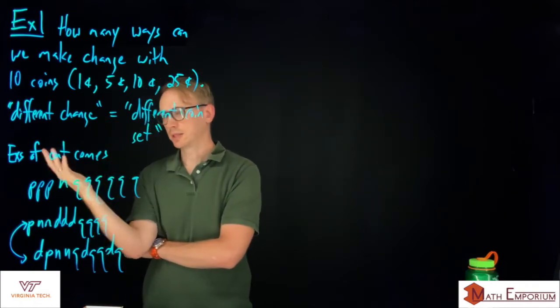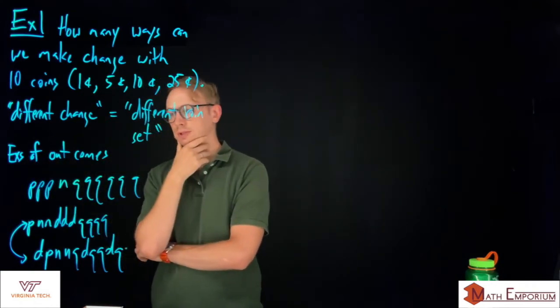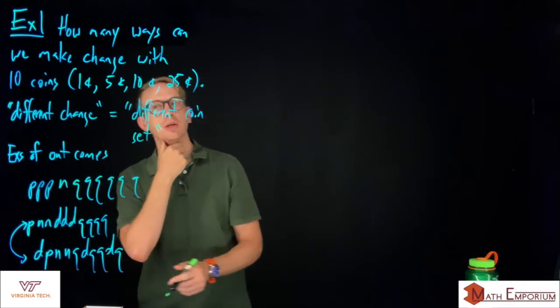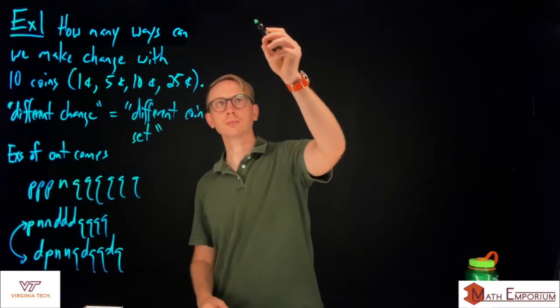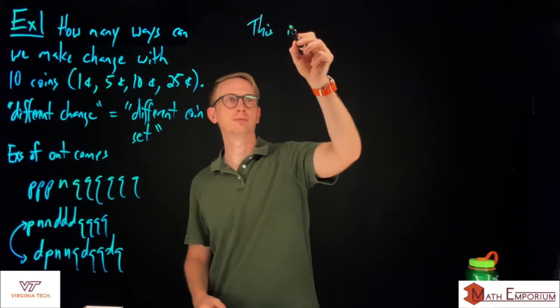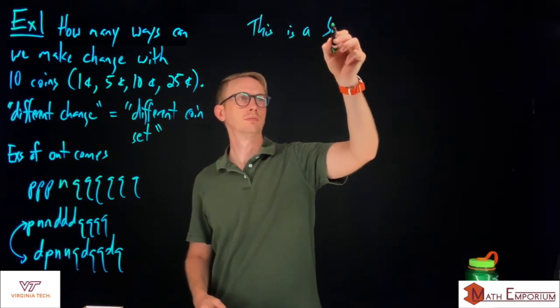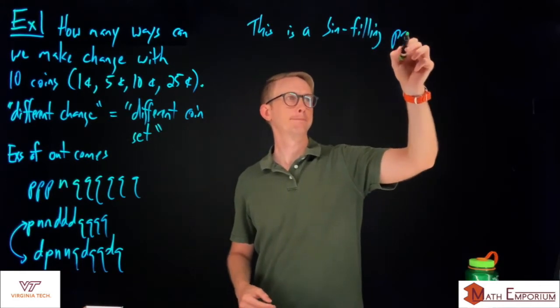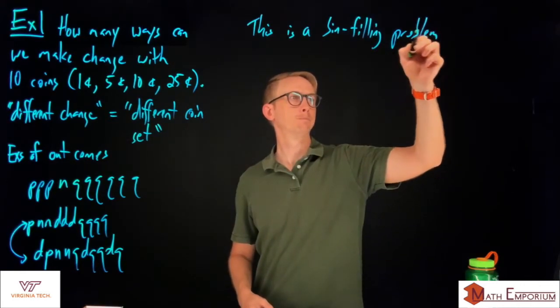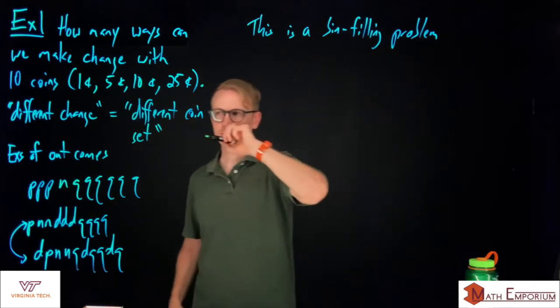If I was just to decide ascending order is the arrangement I'm going to use to classify outcomes, then I can actually turn this into a bin filling problem. Okay, so this is a bin filling problem. Okay, believe it or not.